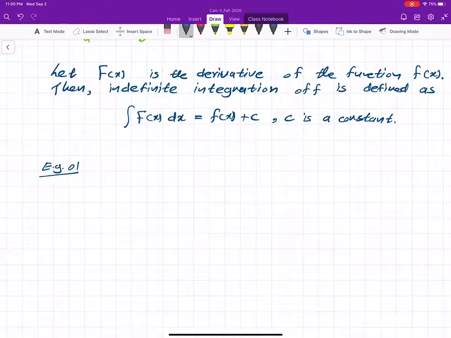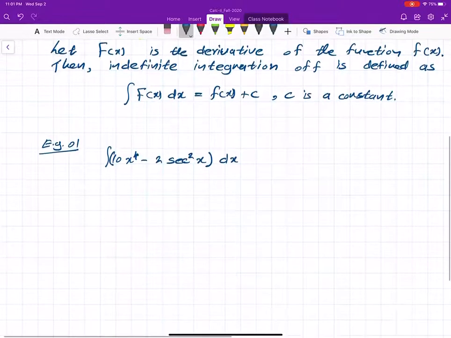We have to integrate 10 x to the power 4 minus 2 secant square x dx.